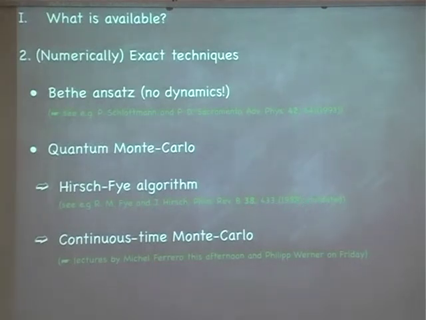It's a bit outdated because it has certain problems. You need to discretize your time axis in that case, and take care that the discretization error doesn't spoil your calculations. Antoine knows that this can happen pretty badly. Then you have continuous-time Monte Carlo, which is the state-of-the-art method to access these quantum impurity problems. You can study quite a variety of complex models with this technique, and you will learn about this from Michel again and Philipp Werner on Friday.